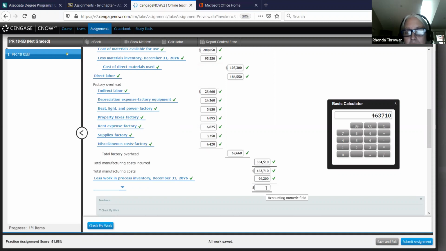And what that will leave us with is the total cost of goods manufactured. So this 463,710, you would subtract from that the ending work in process. And that will leave you with the cost of goods manufactured.